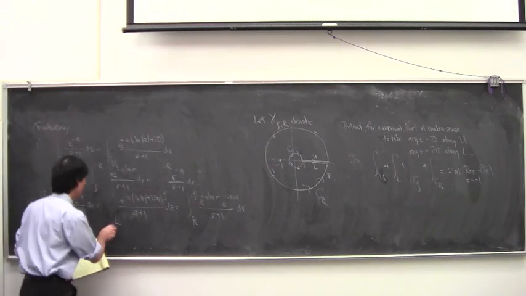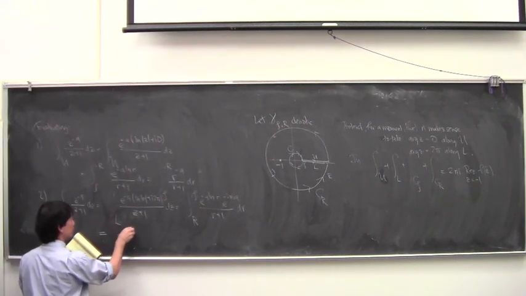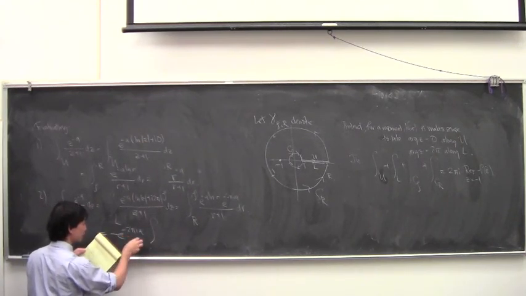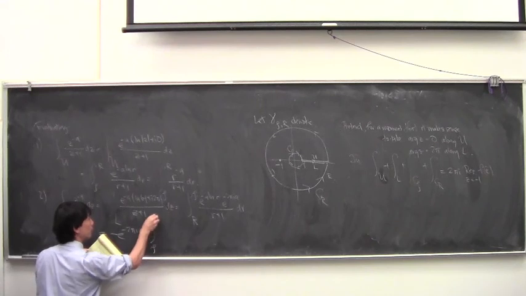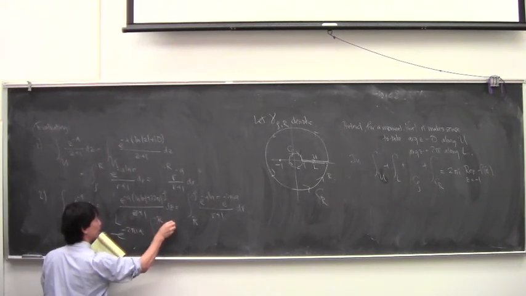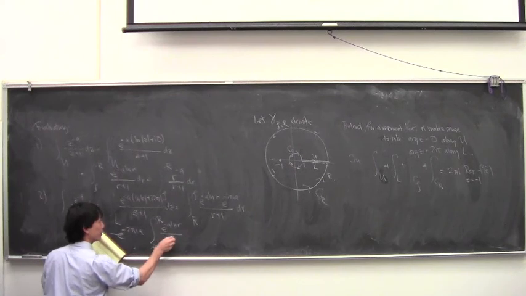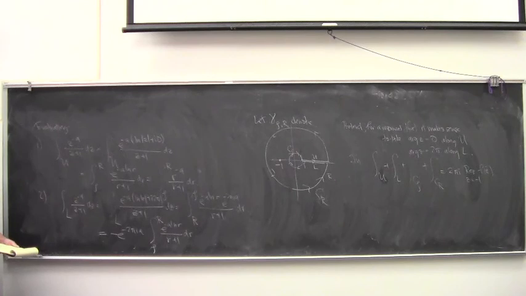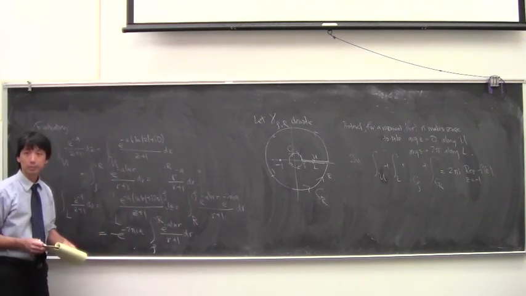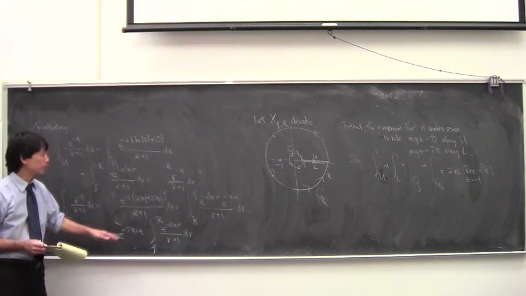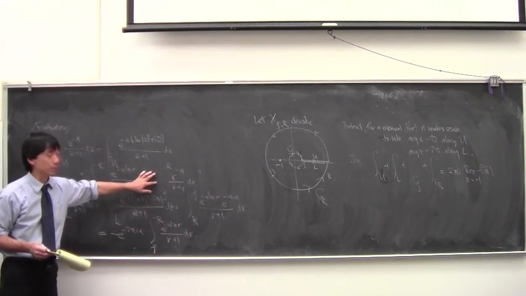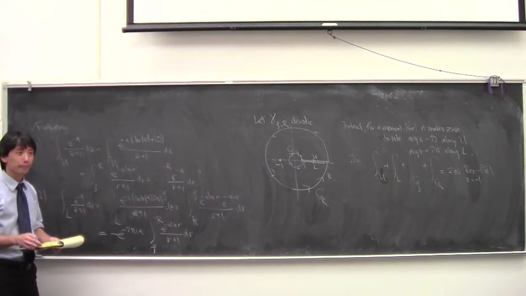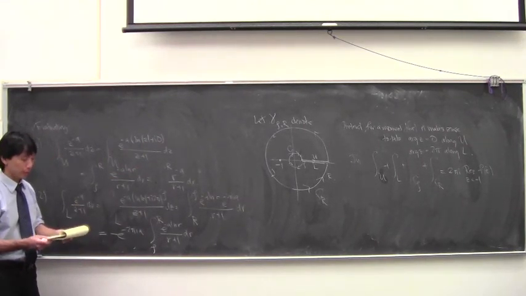And so what we end up with is e to the negative 2 pi I a, negative e to the negative 2 pi I a, from rho to r of e to the negative a ln r plus 1 dr. Okay, so we get some constant times the integral we got before.